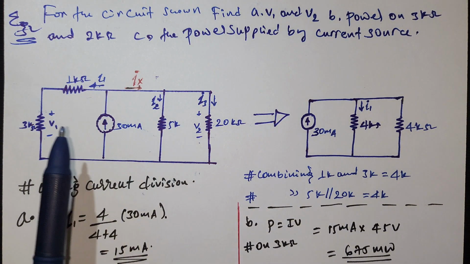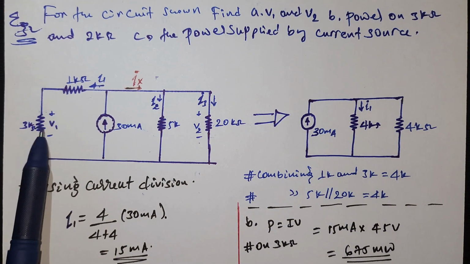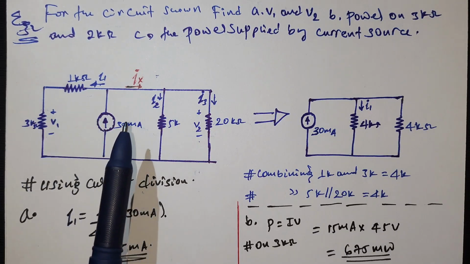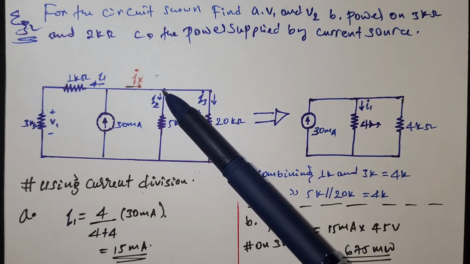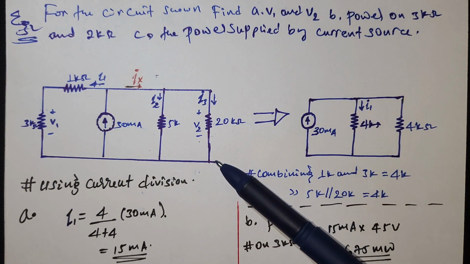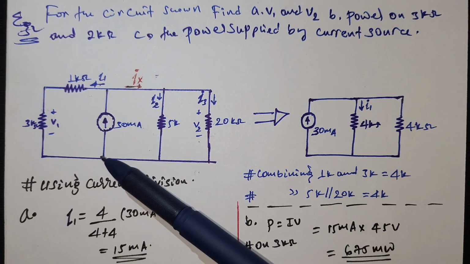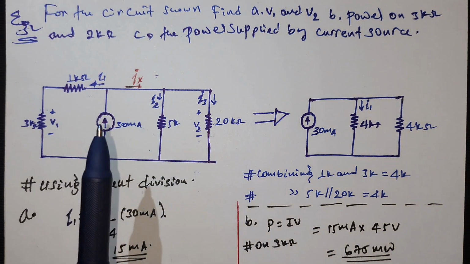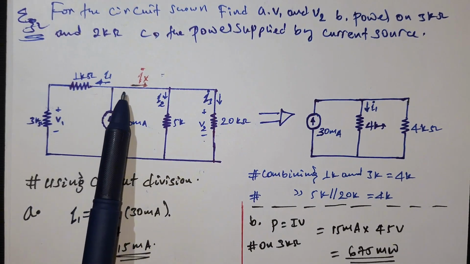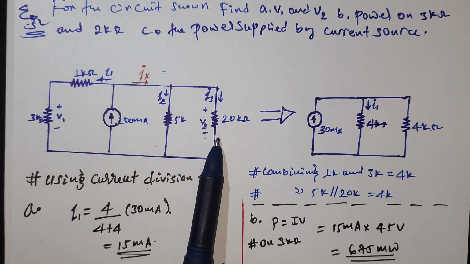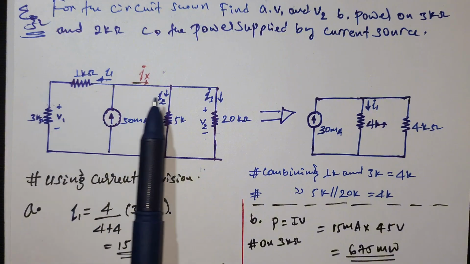In order to solve the voltage right here, we need to know the voltage across all parallel branches. We need first to calculate the voltage across the node. As you see, this branch, this branch, this branch, and this branch are in parallel.